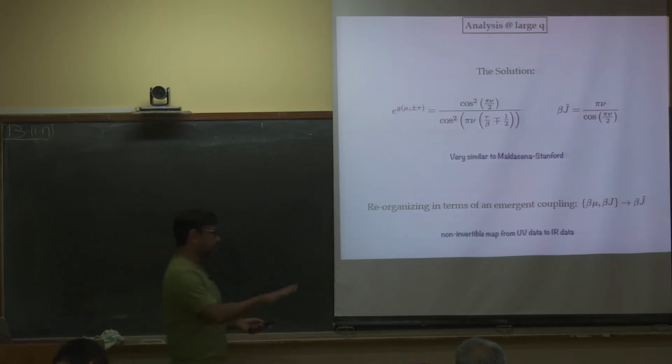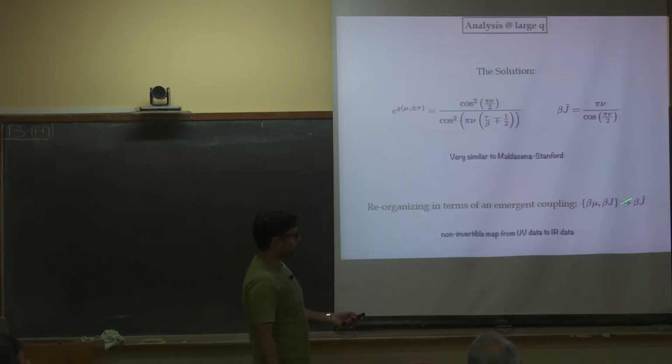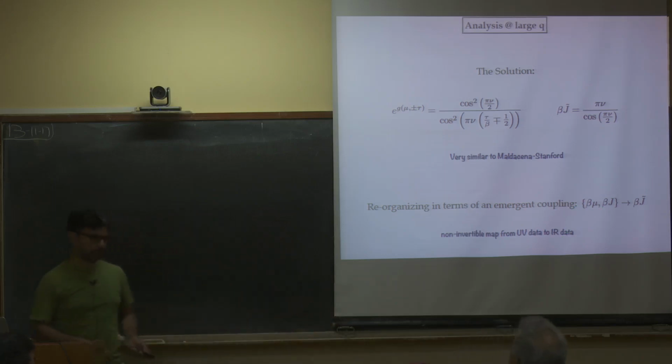Down there somewhere, through somewhat of a non-invertible map, I generate this effective coupling beta J tilde, and everything at the end of the day depends on that. So you can ask questions in two ways. You can ask what happens to the Lyapunov exponent, for example, with respect to this parameter, or what happens to the Lyapunov exponent as I vary these two parameters independently. I can ask this too.